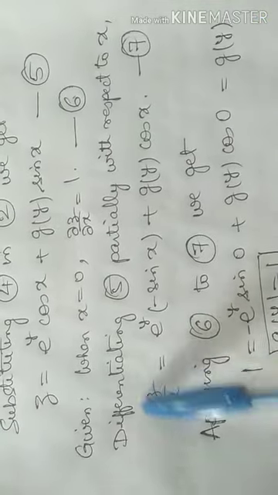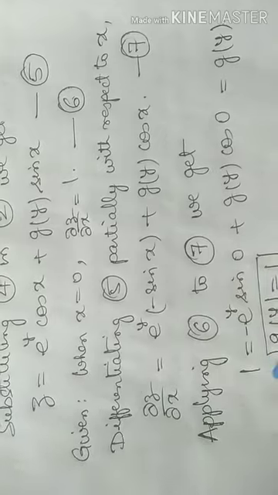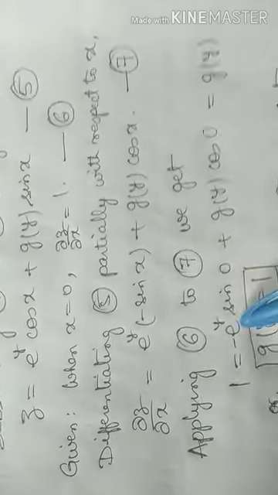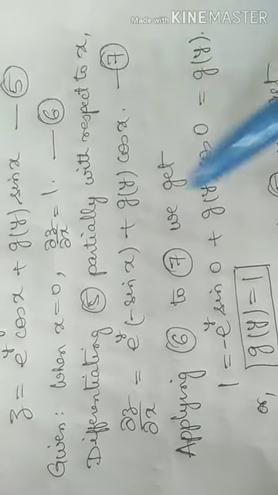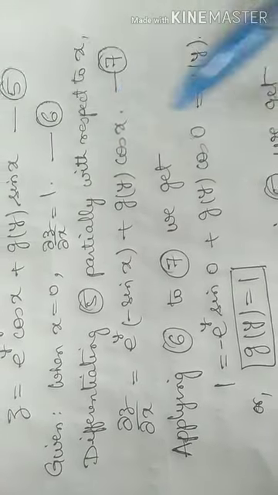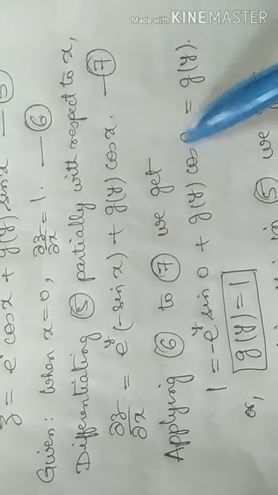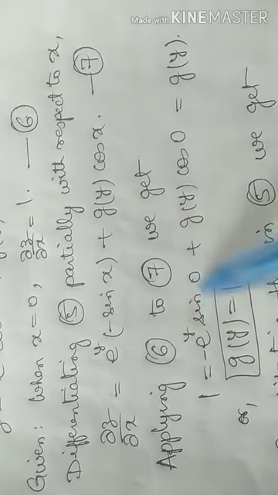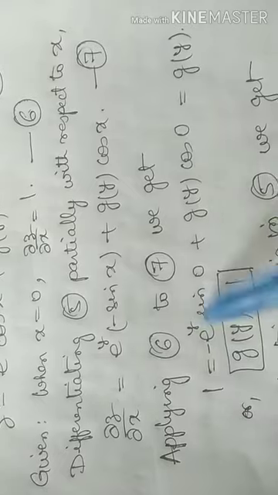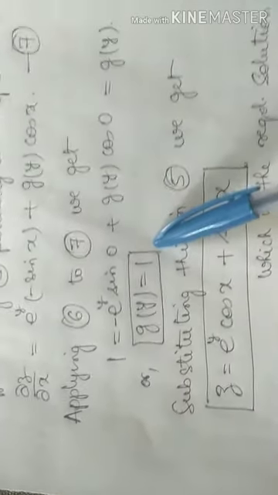So in place of ∂z/∂x, we write 1 equal to e^y into minus sin 0 plus g(y) cos 0. Now cos 0 is 1, so this is g(y) into 1, g(y). Sin 0 is 0, so this term becomes 0. So we get g(y) equal to 1.